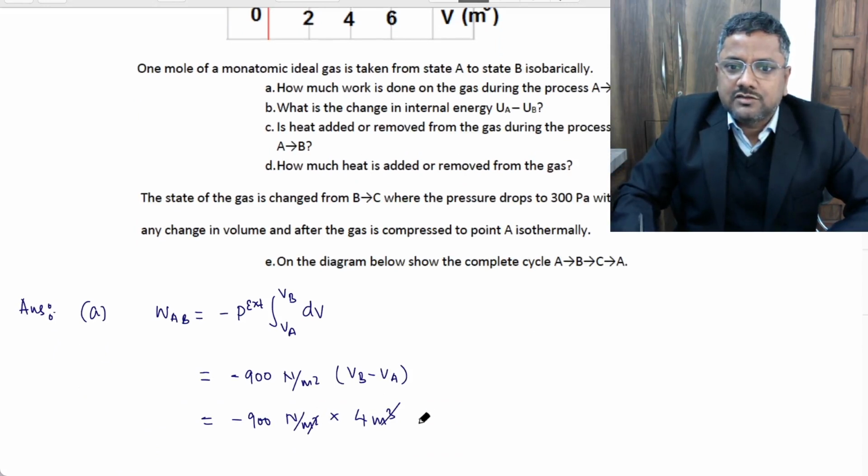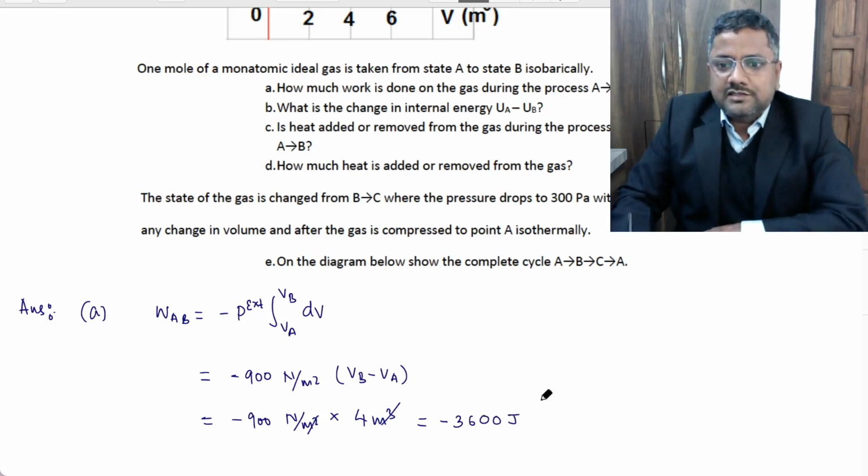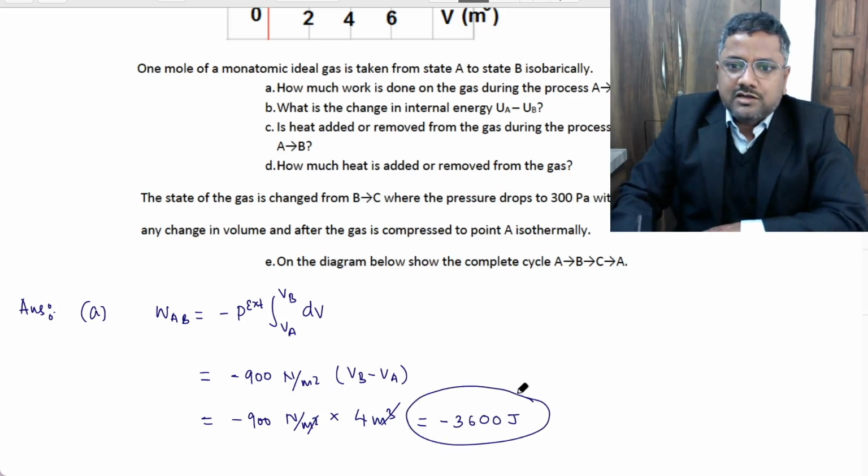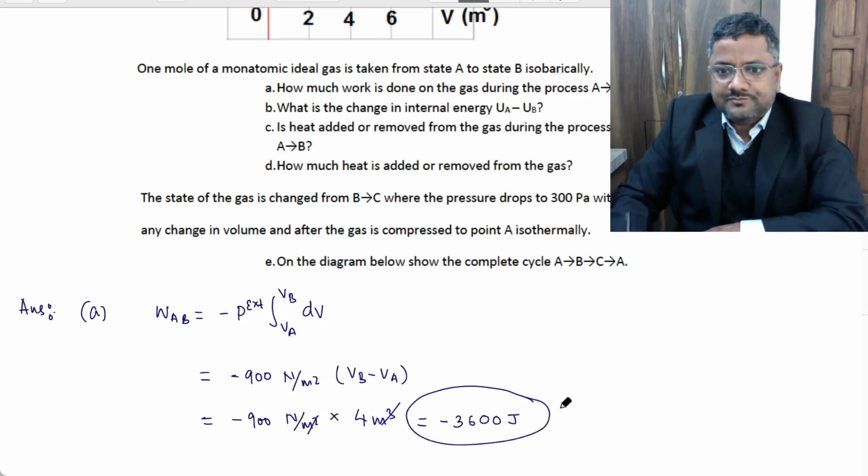So this is equal to minus 3600 joules, right? So minus 3600 joules, this is the work done in this expansion process. This is the first part answer.